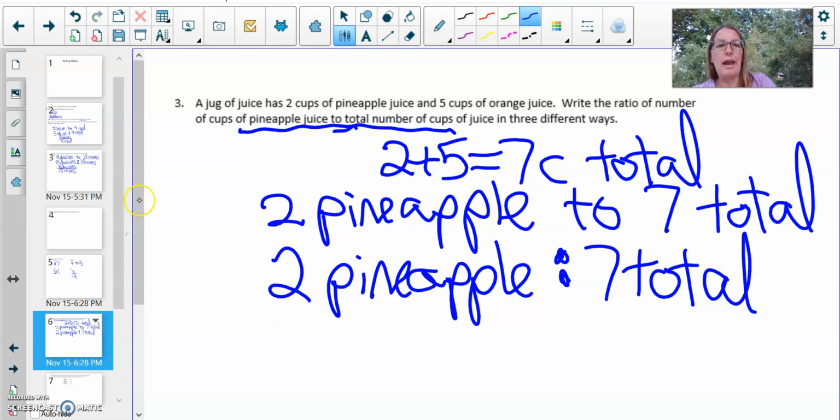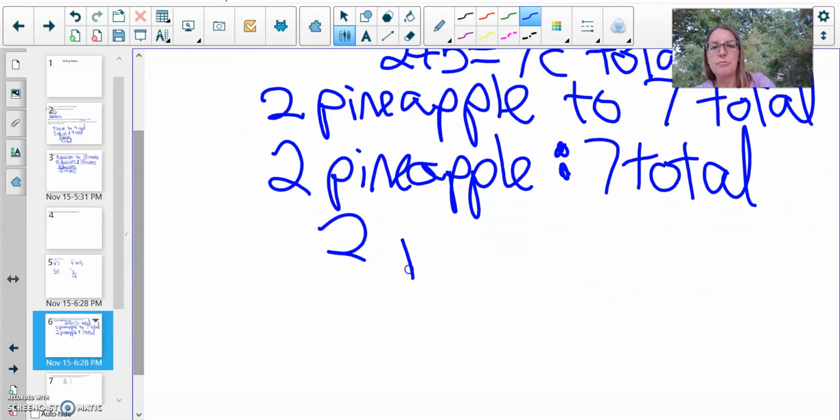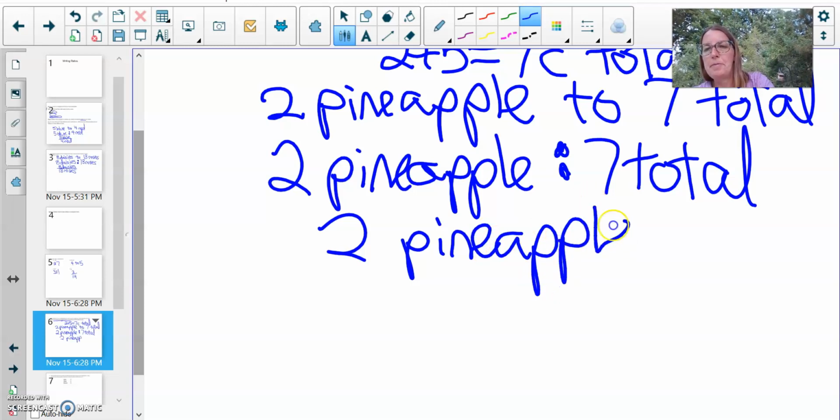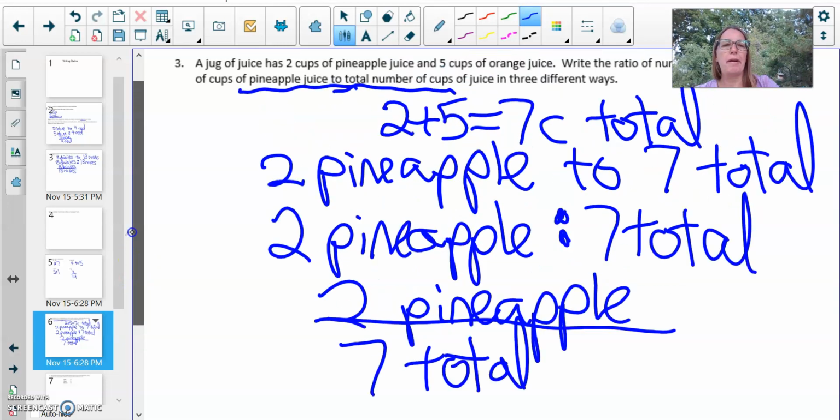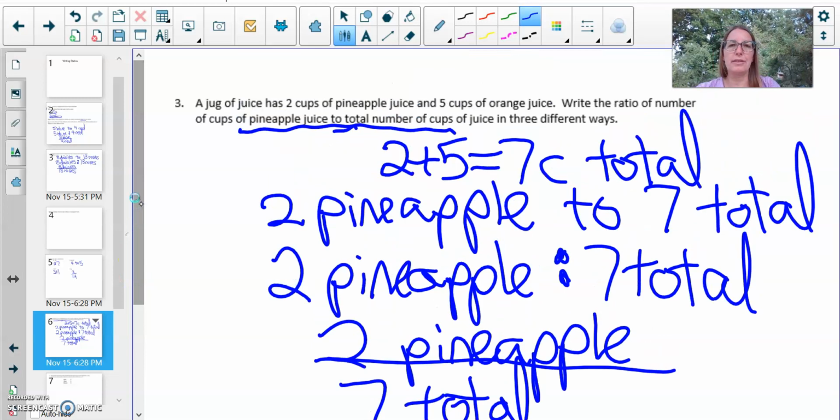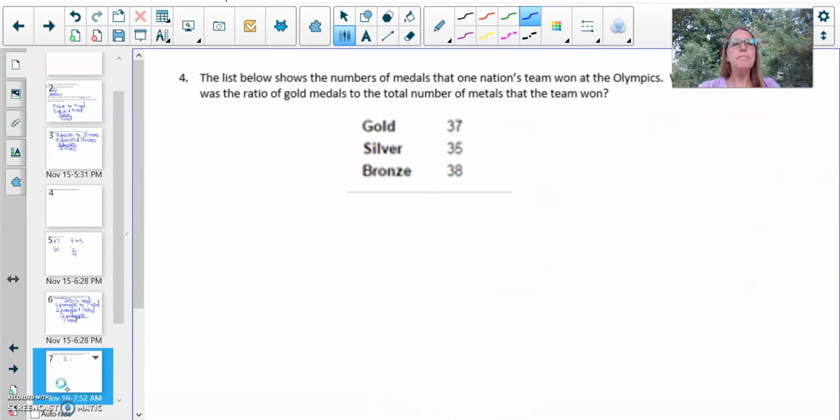Or you could write it as a fraction, 2 pineapple over 7 total. So again, my labels are important, and you have to read carefully to find the total. You had to add together the part that was pineapple with the part that was orange juice.